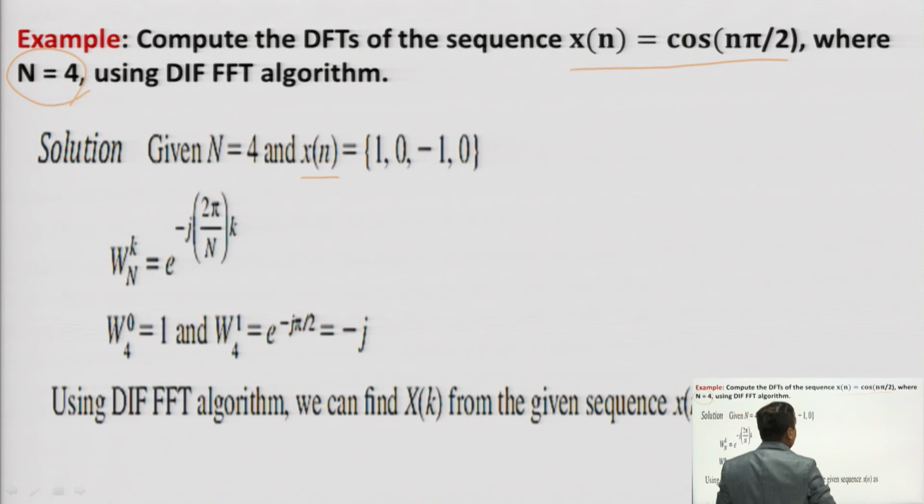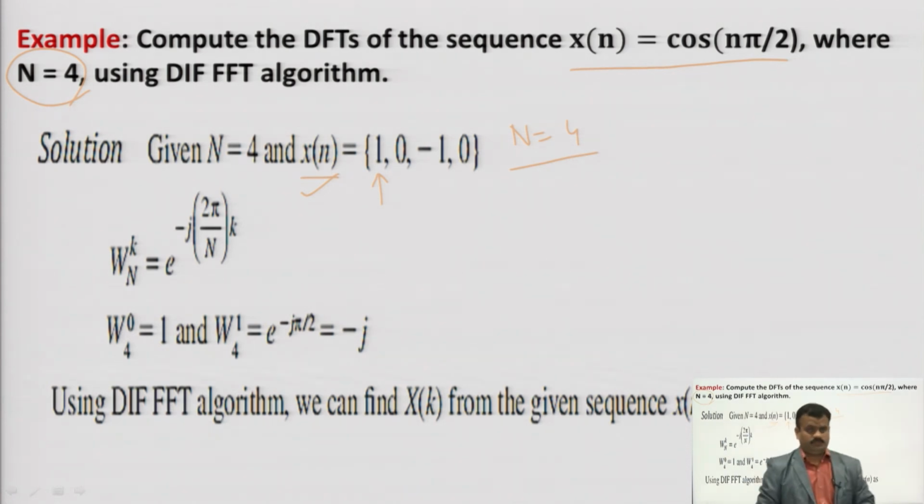If you put n is equal to 0, cos 0 is equal to 1, so at 0 the x(n) value is 1. If you put n is equal to 1, cos(pi by 2) is equal to 0, then minus 1, then 0, because N is equal to 4. So, you have to go from 0 to 3 and this will be your x(n). This is your input data: 1, 0, minus 1, 0.